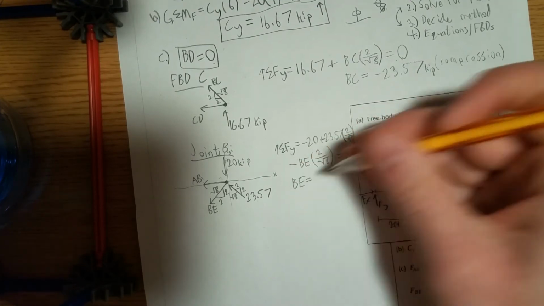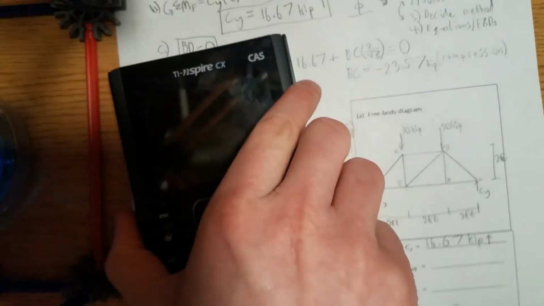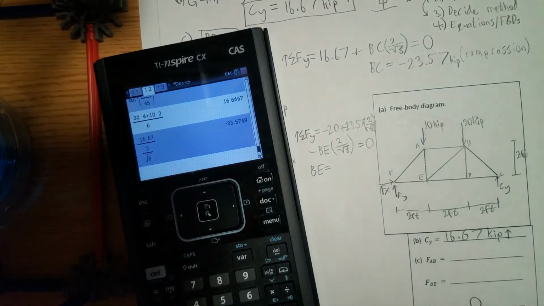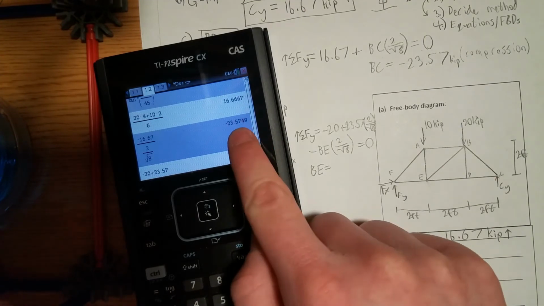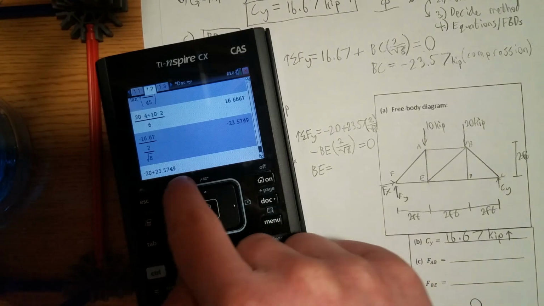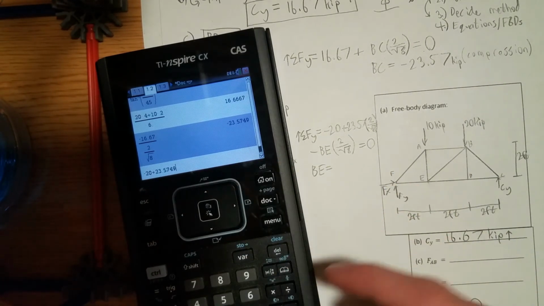BE is going to be equal to, get the handy calculator out again. It's like Blue's Clues, the handy dandy notebook. We'll go ahead and write in negative 20 plus 23.57. I'm going to put more figures in from what we got before, just so our calculation is a little more accurate. We're not rounding until the end.